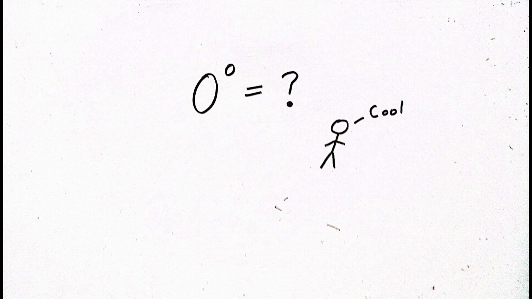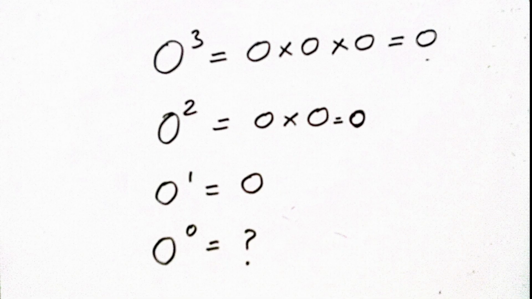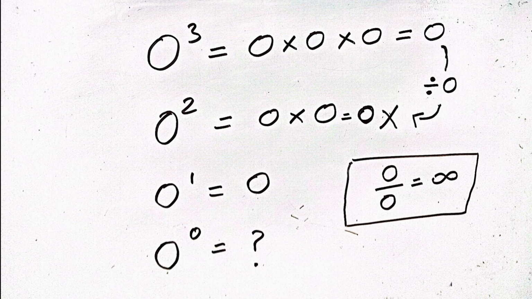Then I tried to find the answer for 0 raised to power 0 by this method, but I could not. If you wrote everything on the same pattern as you did for 5 raised to powers, you will again see, if you have 0 raised to power 3, which means three zeros multiplying by themselves, and I have to go to 0 raised to power 2, then I have to divide by 0.